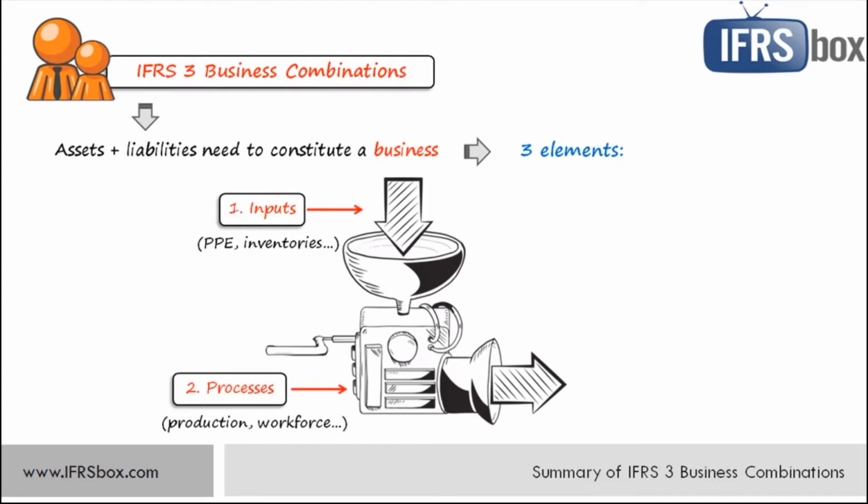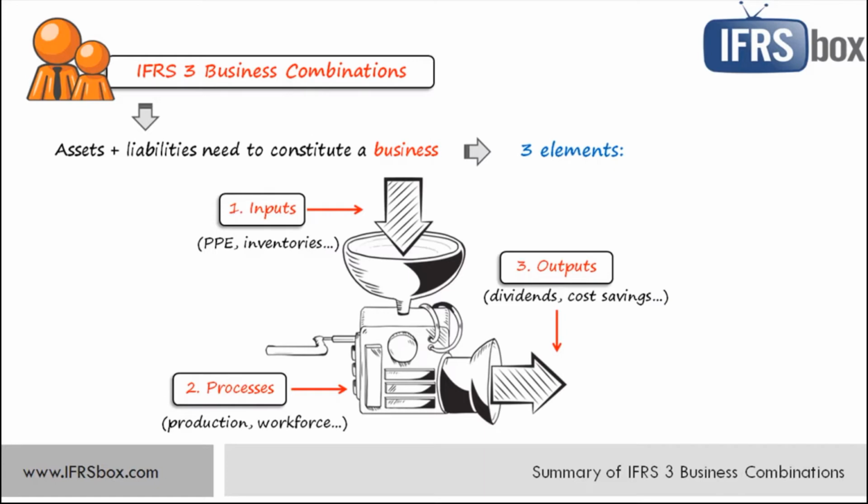Well, processes are any system, standard, protocol, convention, or rule that when applied to inputs can create outputs, for example, management processes, workforce, production processes. And finally, outputs as the results of inputs and processes applied to those inputs that provide or can provide a return in the form of dividends, lower costs, or other economic benefits directly to investors or other owners.